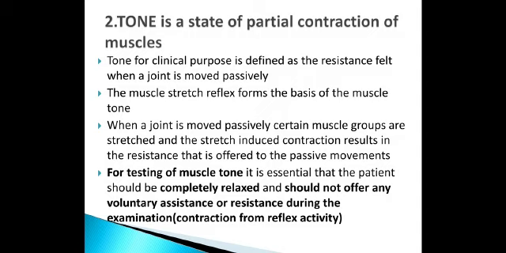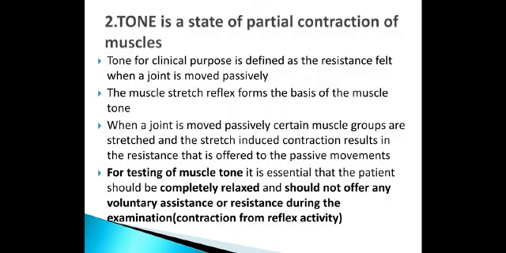How do you test the muscle tone? It is essential that the patient should be completely relaxed and should not offer any voluntary assistance or resistance during examination. The contraction should result only from reflex activity. That is the most important thing.